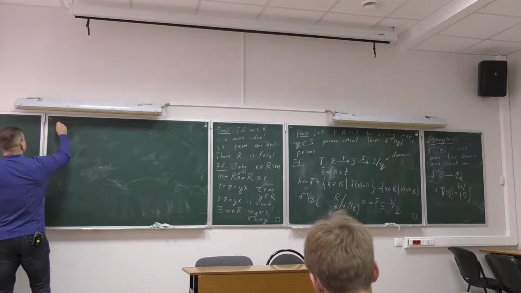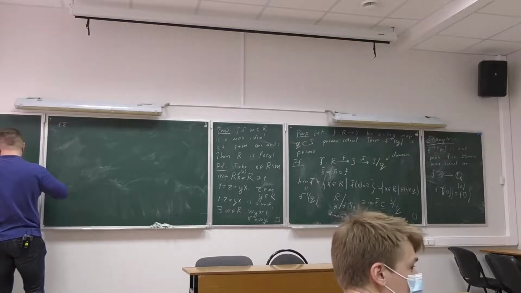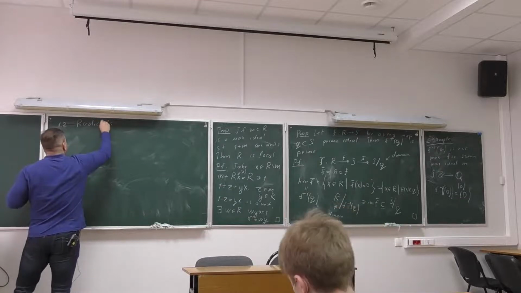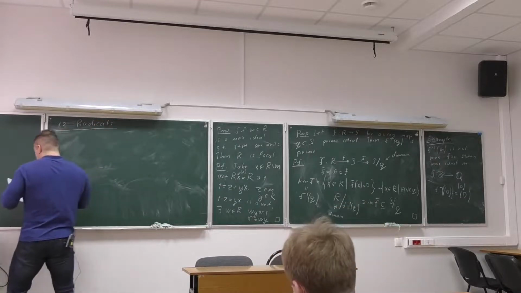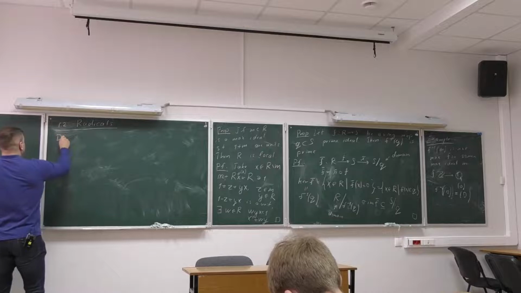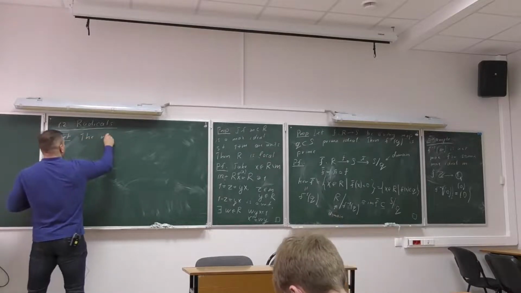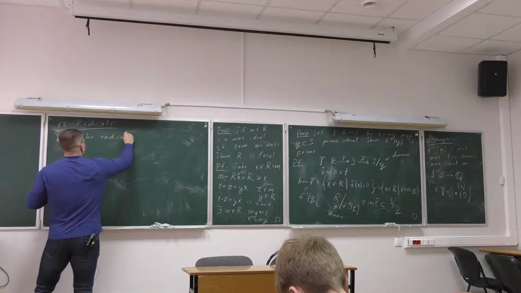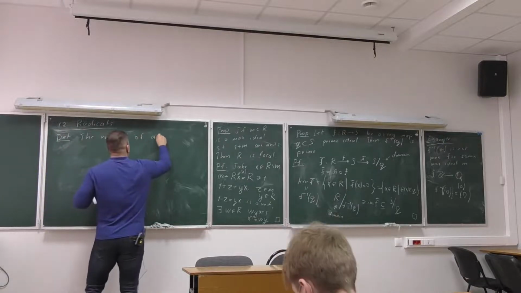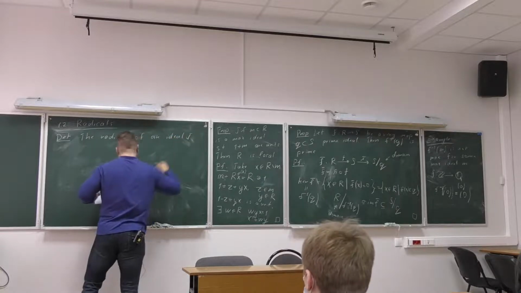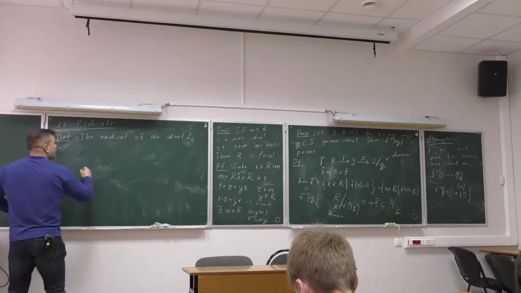Okay, and we finish the most elementary part about rings, some reminder about ideals, maximal and prime ideals. So the second section is about radicals. So definition. The radical of an ideal I is the following thing.